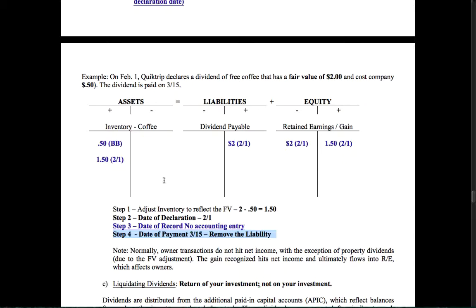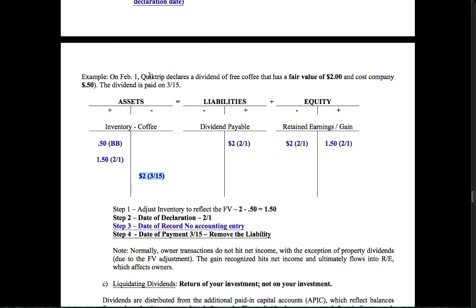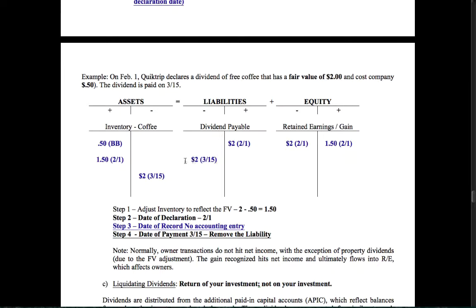Therefore, on 3/15, we need to remove the inventory because we're using the inventory as our dividend. So we're giving the free coffee out as the dividend to cover the dividend payable that we have of $2.